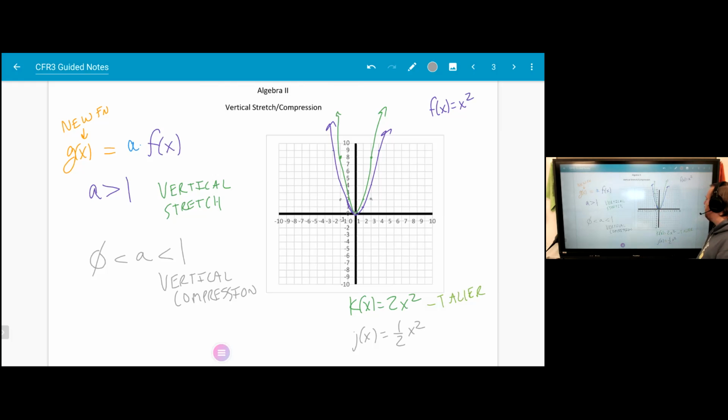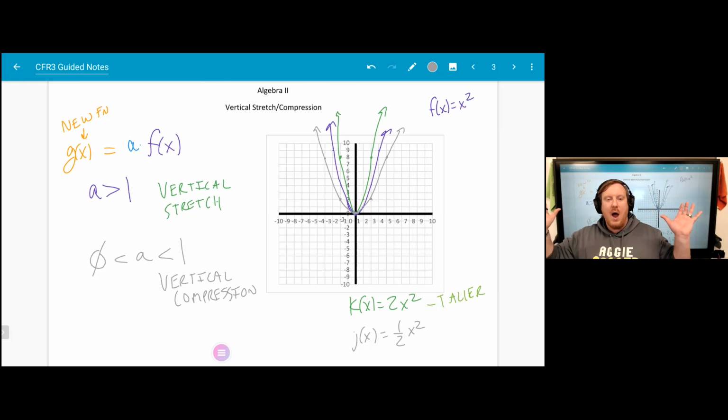And let's do 4, for example. 4 squared is 16, and half of 16 is 8. So 4 would be 8. -4 would also be 8. You'll notice what's going on here. It's wider, right?